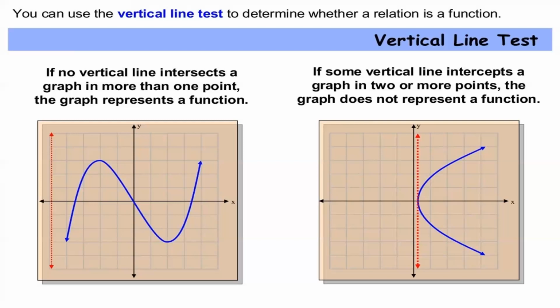Just move, and if your vertical line intersects the graph in more than one point, not a function. If it is not more than one point in the graph, only one point, the graph represents a function.